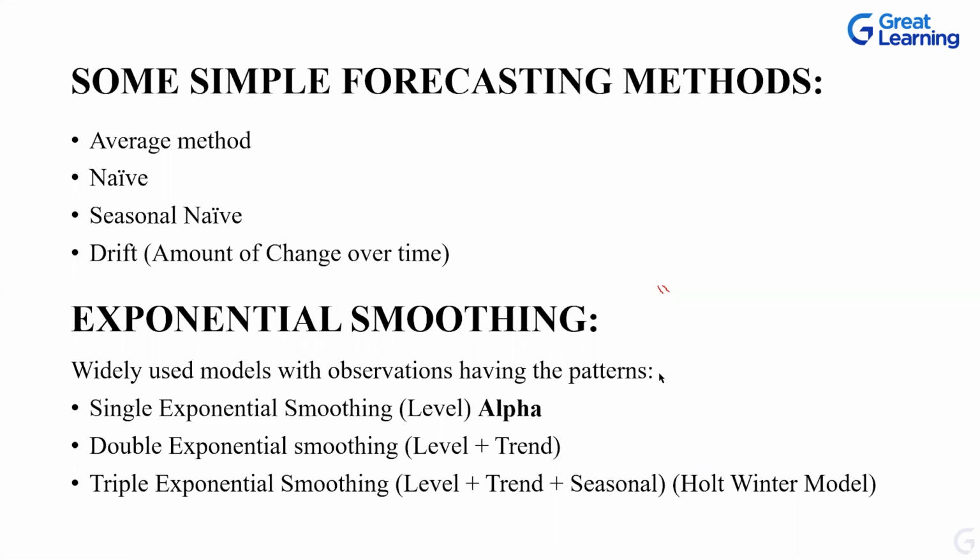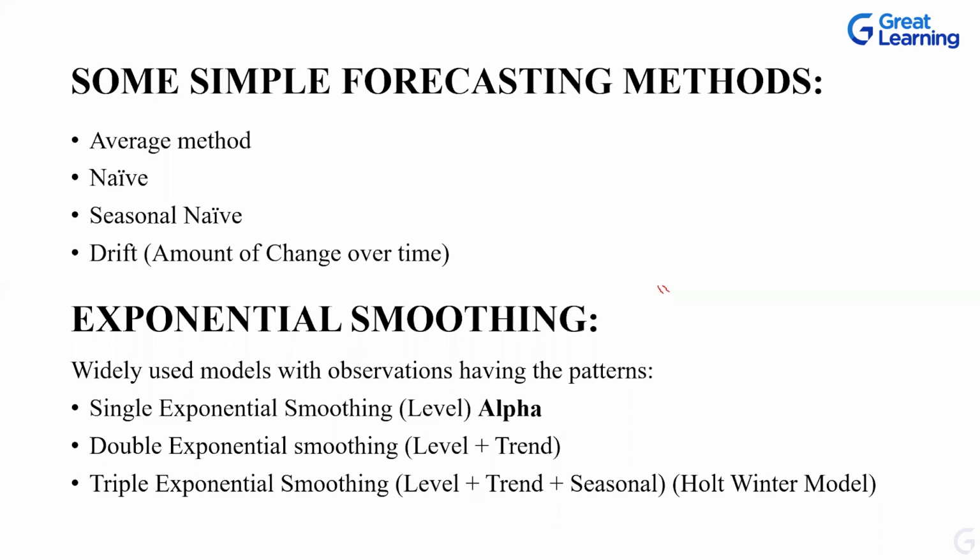And the drift method gives some amount of change over time so that the business keeps improving every year, month and day, right? We cannot say yesterday is going to be today. So we will give some amount of increase so that it keeps going upward, like interest rates or the GDP of any country, which keeps increasing with a small amount of change, right? So with just the drift method, we can predict that.